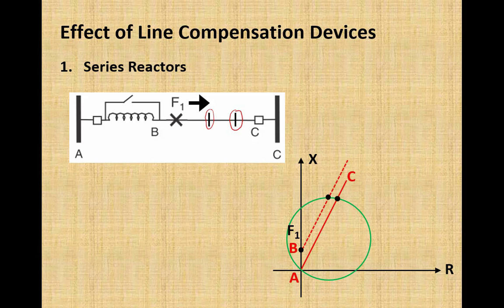So what does it mean? It means this fault F2, which is within the zone of protection of this relay AC zone 1 in the absence of this reactor, here is this fault F2. Now, due to the presence of this reactor, this fault will move outside the zone of protection of this relay.